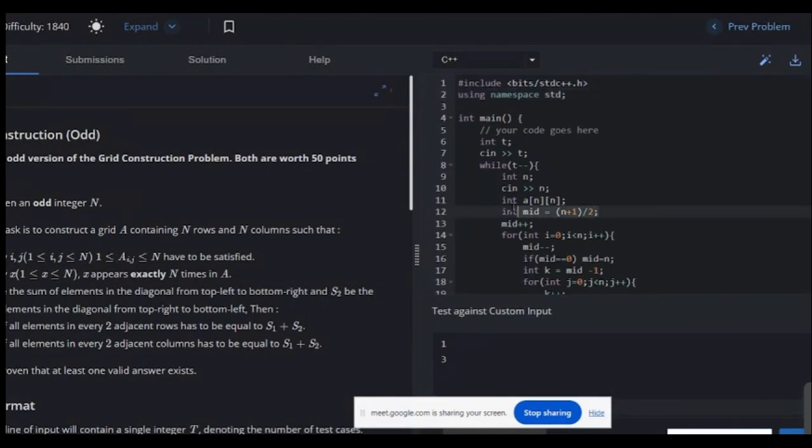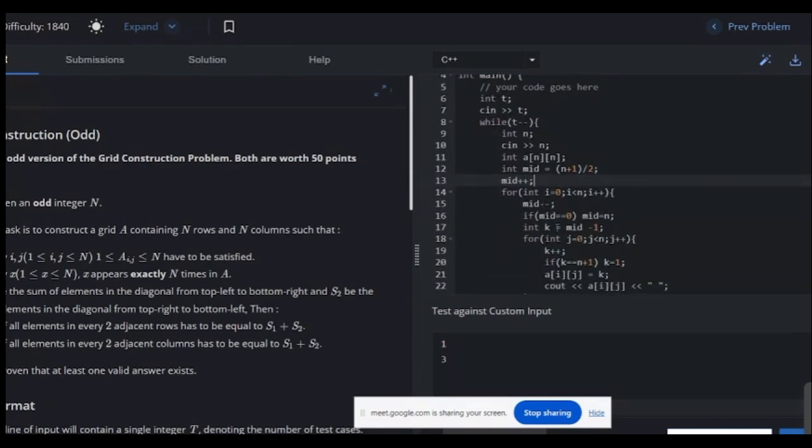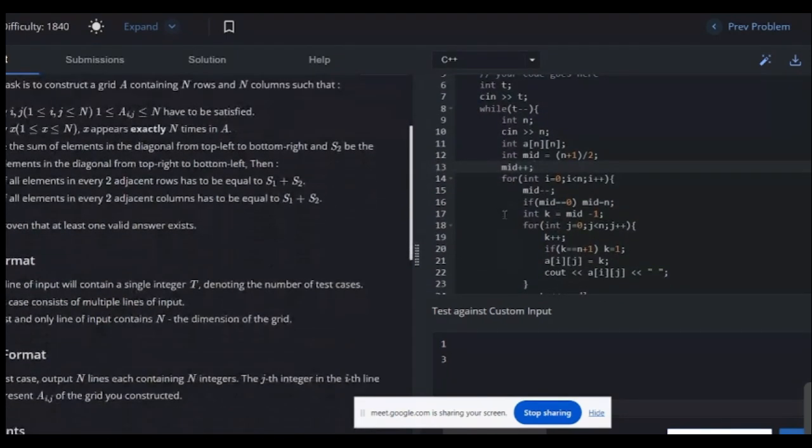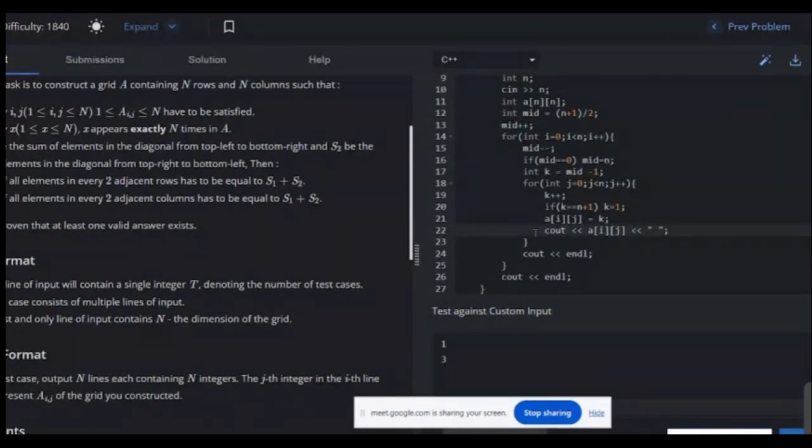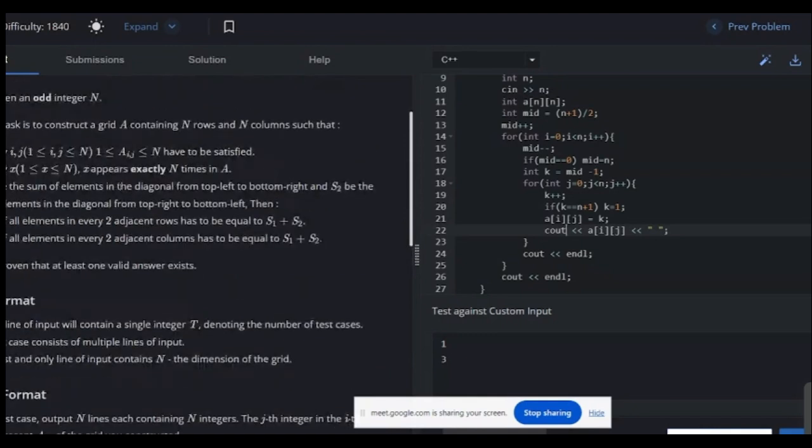So that mid is (n plus 1) by 2, and this is how I am printing every grid element. So we are taking that element from 1 to n, right?